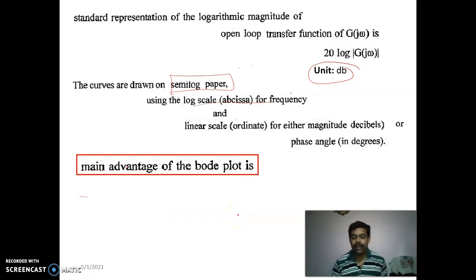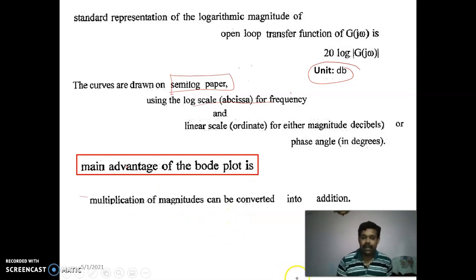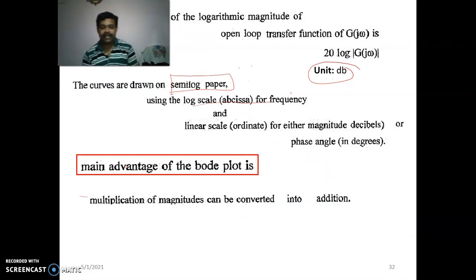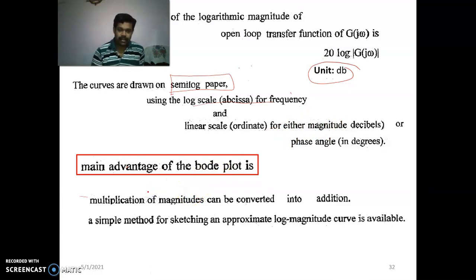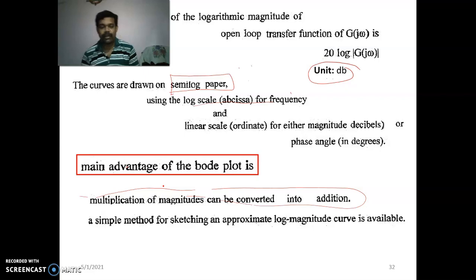The advantage of Bode plot is that the multiplication of magnitudes can be converted into addition. This is an important point. The first advantage of Bode plot is that multiplications of magnitudes can be converted into addition.